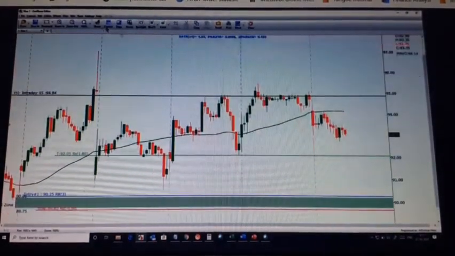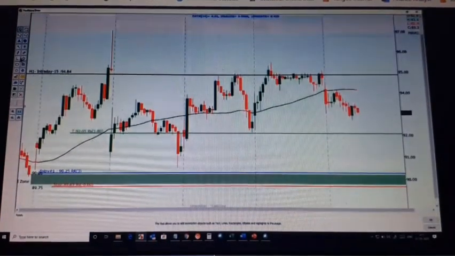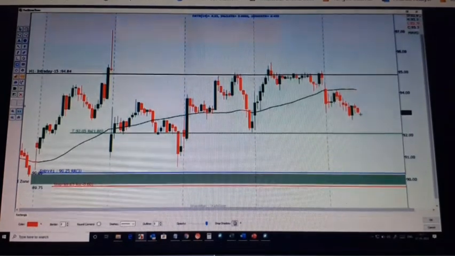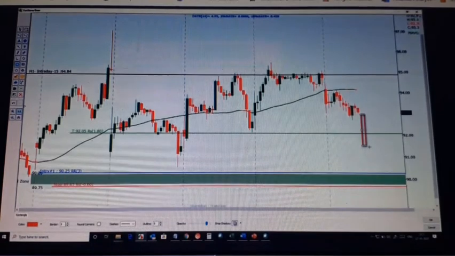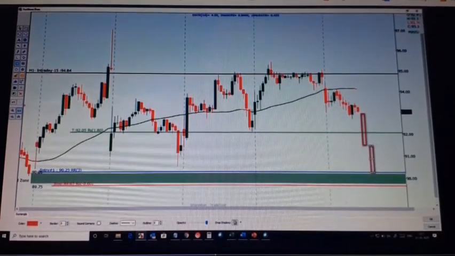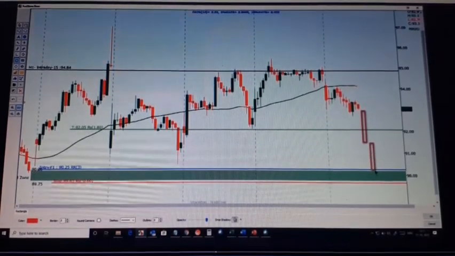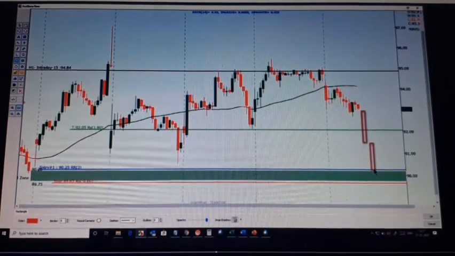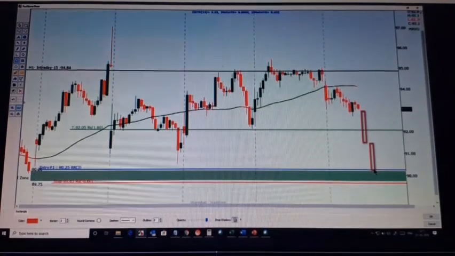Okay, so let's suppose I was over here. I'll draw a rectangle. So now the price is coming into this zone over here. Here you are taking a proximal entry. If somebody is taking a proximal entry, then he is filled over here. Now the guy who is taking a confirmation entry is waiting for the candle to close inside the zone.